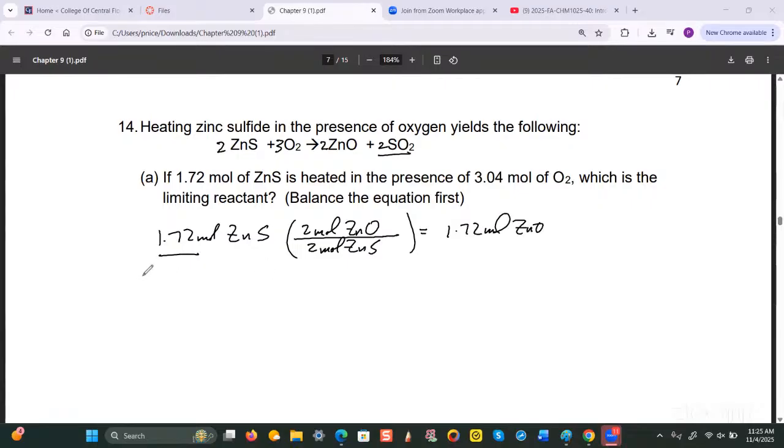So what's the next step? Anybody? Okay, so 3.04 moles of O2, right? And what do you do with that in that case?